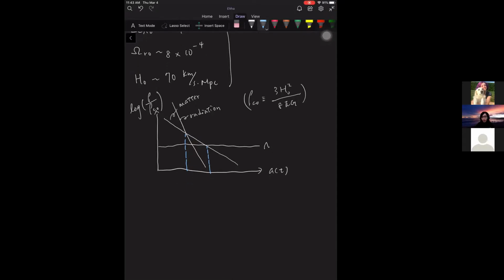So we know there are 3 regions. In the recent universe, our universe is dominated by dark energy. But in an earlier time, the universe is actually dominated by matter. And then in an even earlier time, the universe is dominated by radiation.